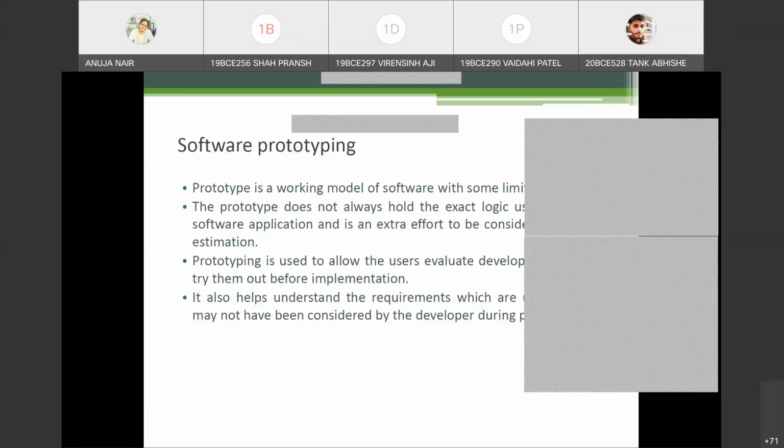The components which are already available to you, may it be libraries, may it be some classes, may it be some header files, where your maximum work is done. You just incorporate those already made components and make your product. So that was the RAD model.